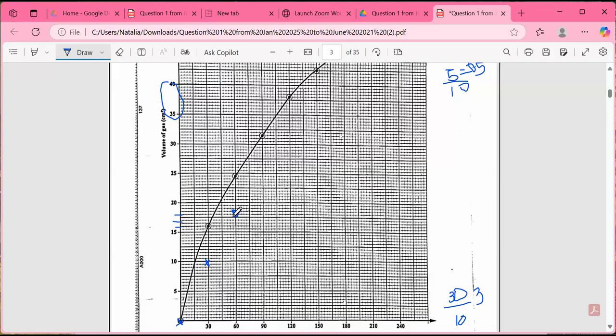No, I'm not steady, so that's why it's a bit off. So 90 now is 25.5. So the first small box after 25 is 25.5. 120 is 32.5. So 32.5 is right here.